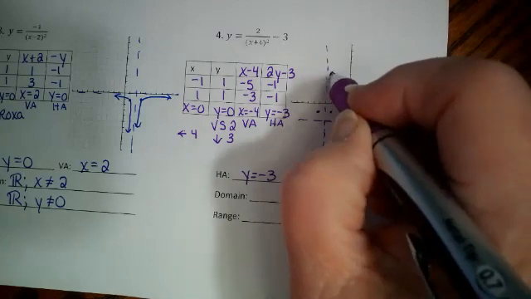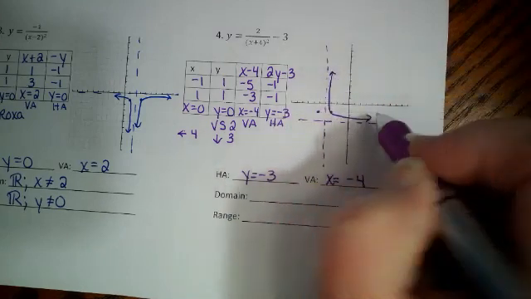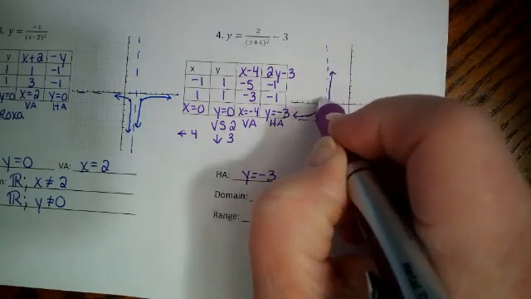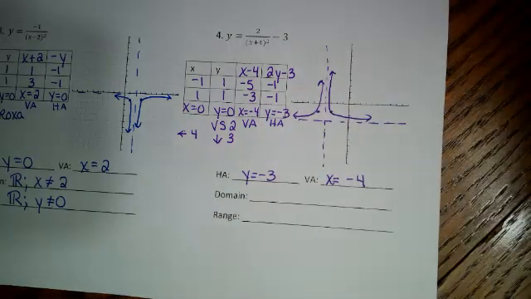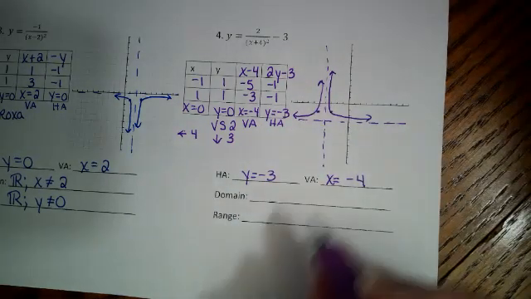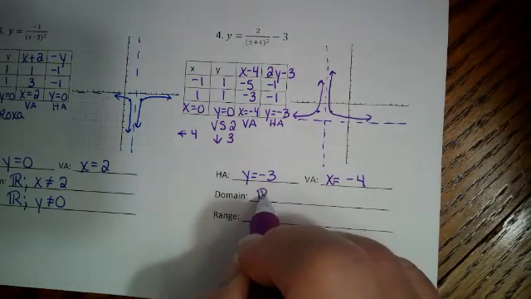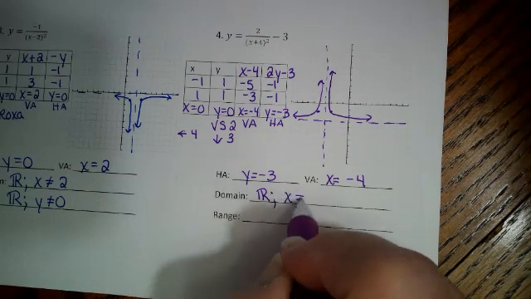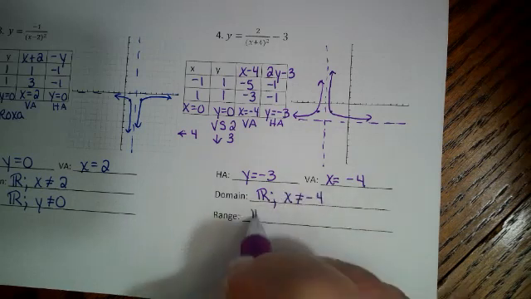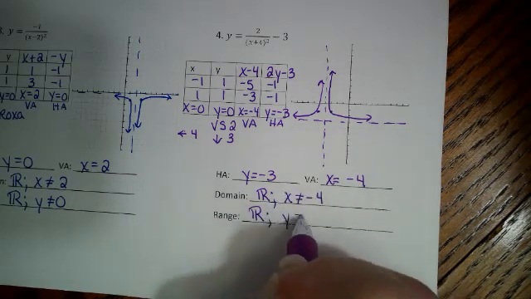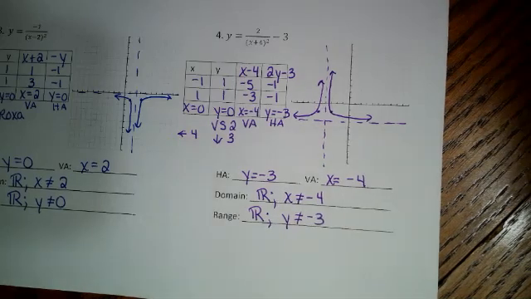And then we draw our L shapes that approach but never actually touch the asymptote lines. Domain, all real numbers, but x can't be negative 4. Your range, all real numbers, but y is not allowed to be negative 3.